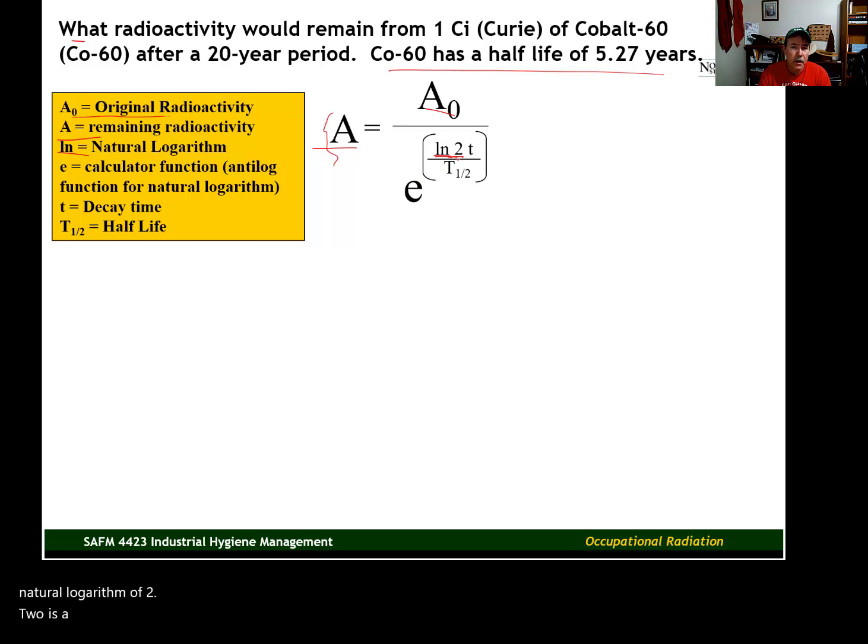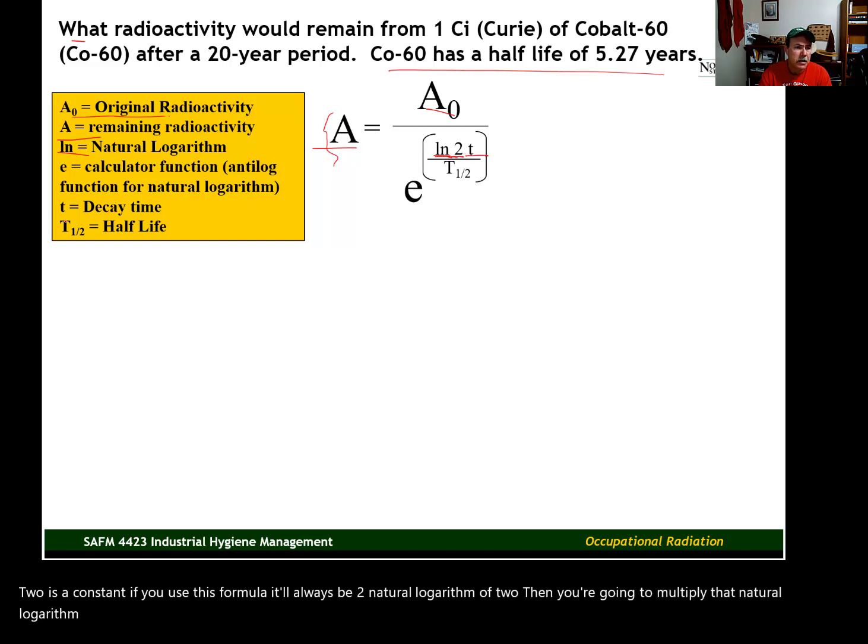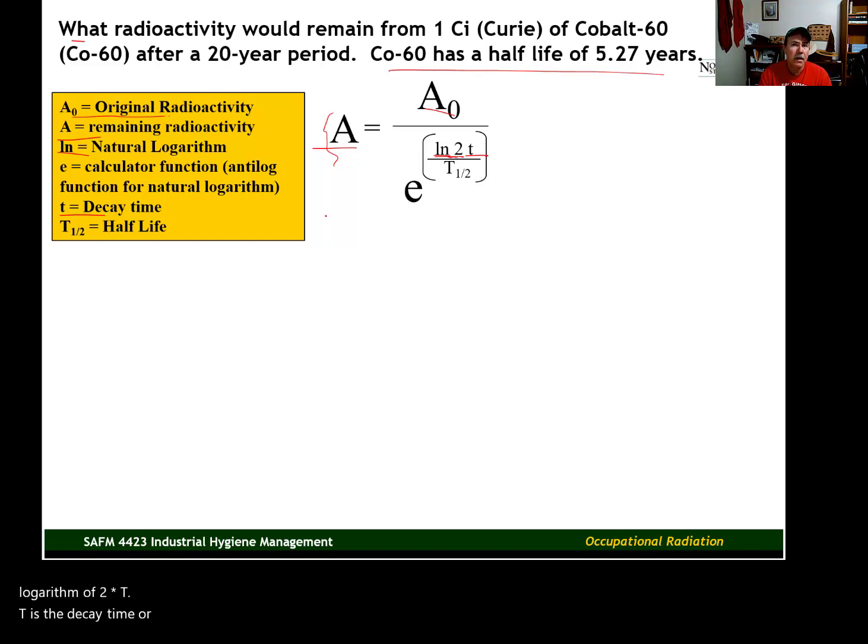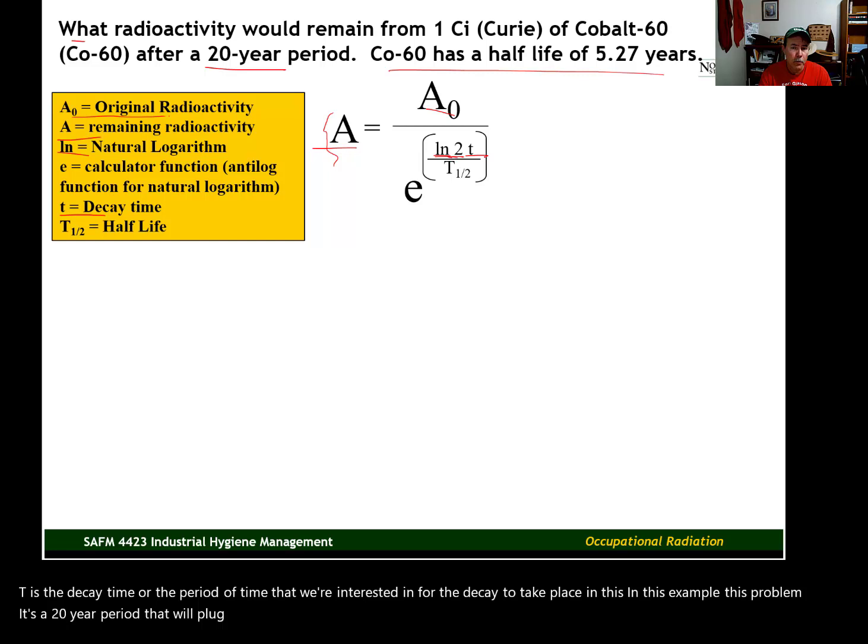If you use this formula, it'll always be 2. Then you're going to multiply that natural logarithm of 2 times t. T is the decay time, or the period of time that we're interested in for the decay to take place. In this problem, it's a 20-year period that we will plug into that slot in the formula.